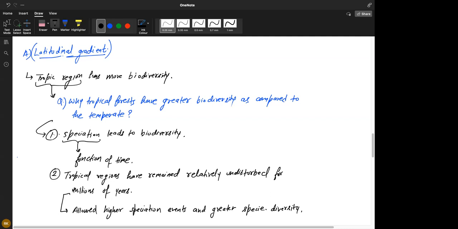Other reasons for tropics having higher biodiversity. Second reason is that the tropical environment has less seasonal fluctuation.